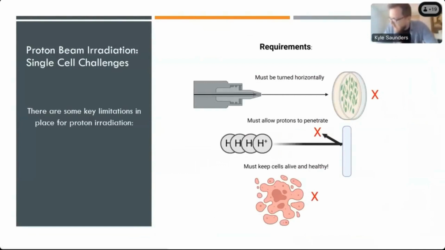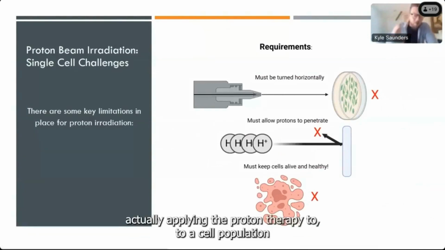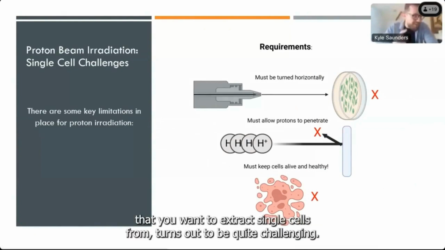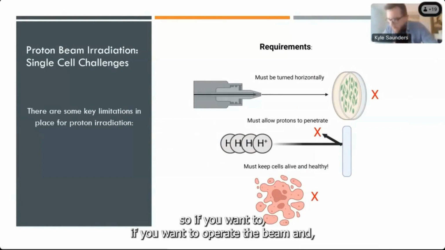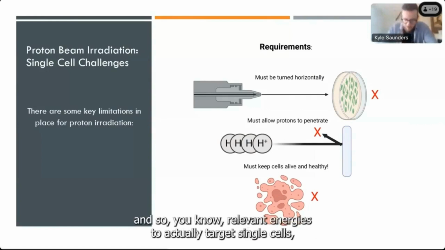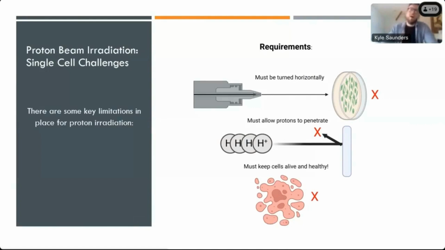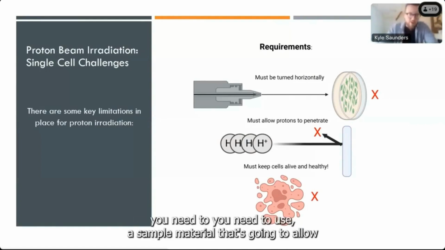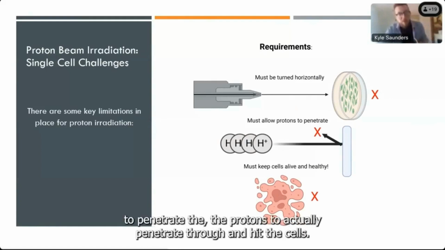So actually applying the proton therapy to a cell population that you want to extract single cells from turns out to be quite challenging. If you want to operate the beam at relevant energies to actually target single cells, you need to use a sample material that's going to allow the proton to actually penetrate through and hit the cells.